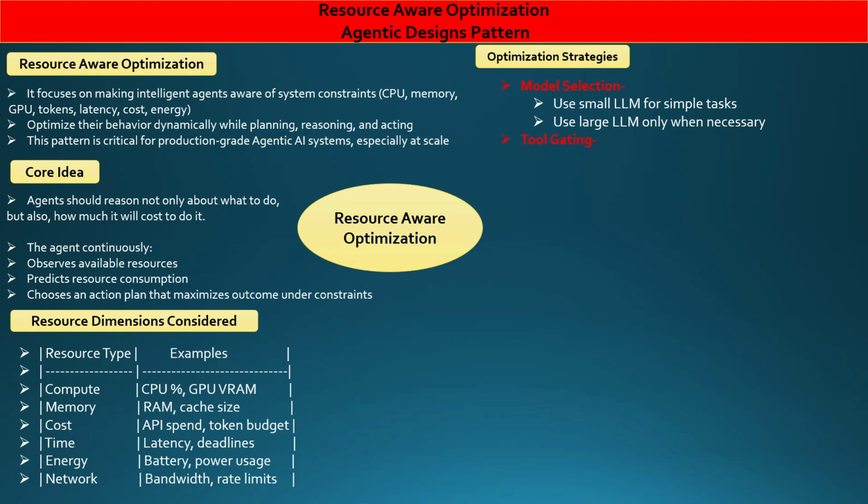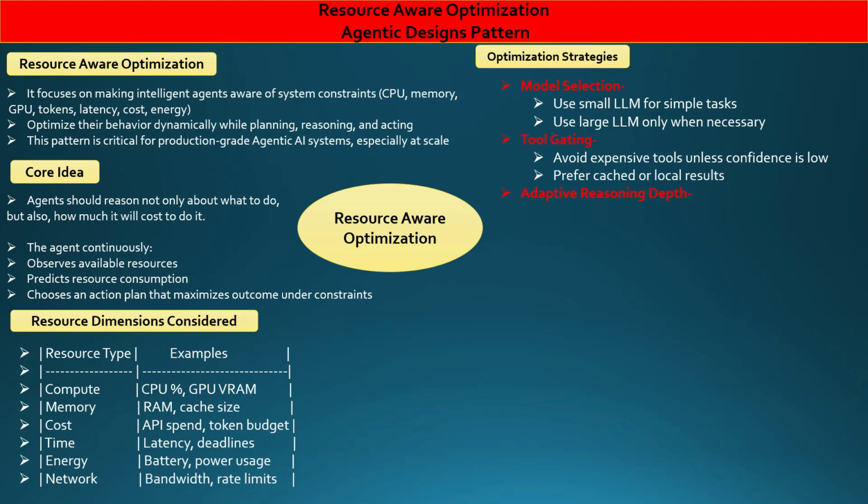Next is tool gating: call tools only when needed. The agent decides whether an API tool call is worth the cost. For a high confidence answer, no tool call is required. For low confidence or high risk, use a tool, and prefer cached or local data first. Tool calls increase latency, cost, and failure risk.